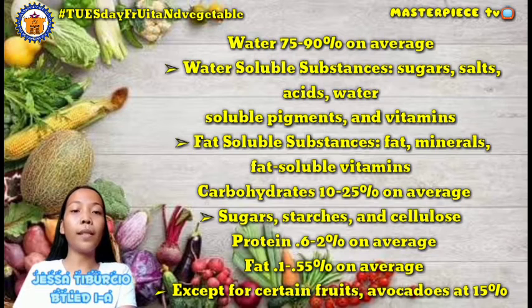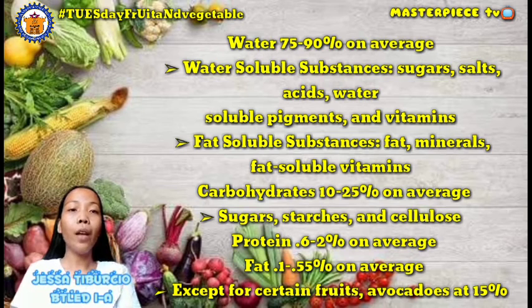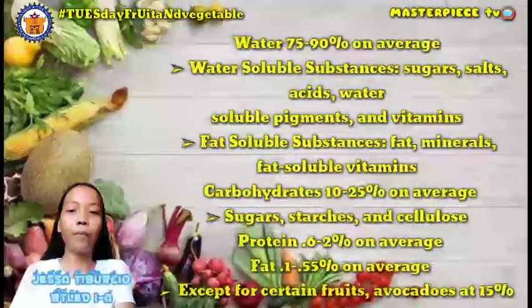Fat-soluble substances: fat, minerals, fat-soluble vitamins. Carbohydrates, 10 to 25% on average: sugar, starches, and xylulose. Protein, 0.6 to 2% on average, except for certain fruits, avocados at 15%.